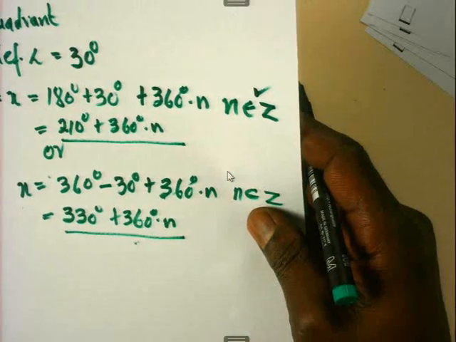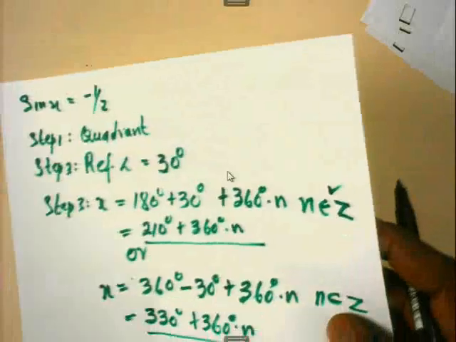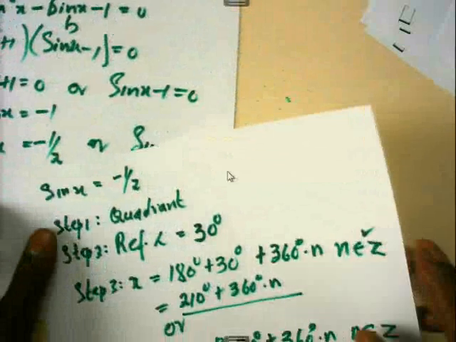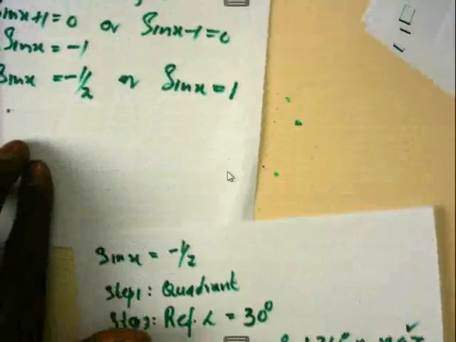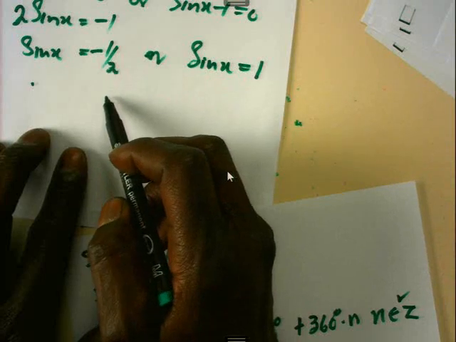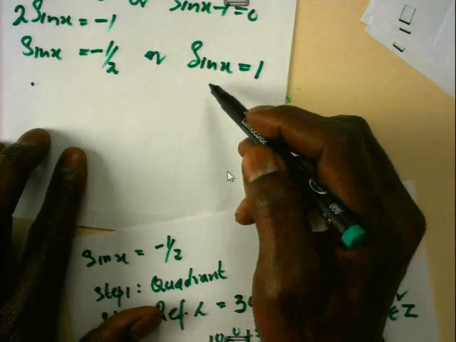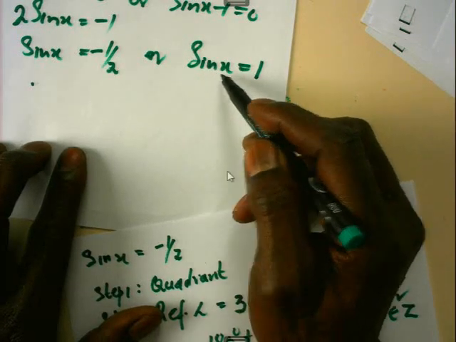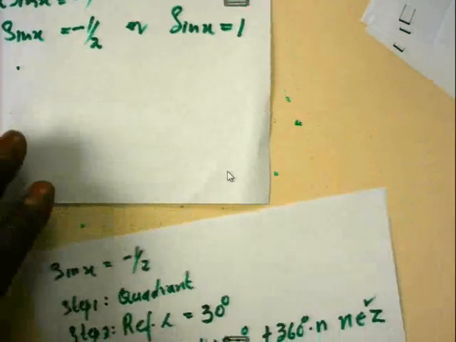I think we ended up solving only one part. Yes, our problem was we had the solution for sine x equals -1/2, but we did not have the general solution for sine x equals 1. Right, let's go for it.